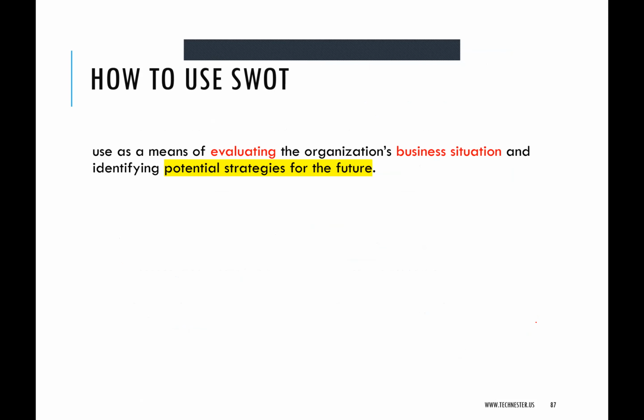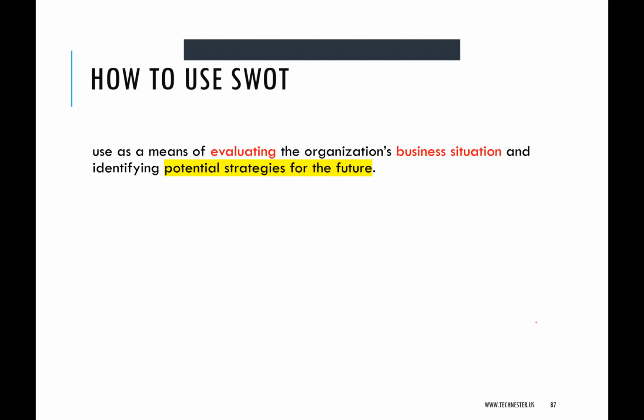So after you have gotten all those boxes filled up, you now use the SWOT as a means of evaluating the organization's business situation and identifying potential strategies for the future. All you are doing at first is trying to fill up the SWOT. At that point, you are not trying to evaluate, analyze, or come up with solutions.